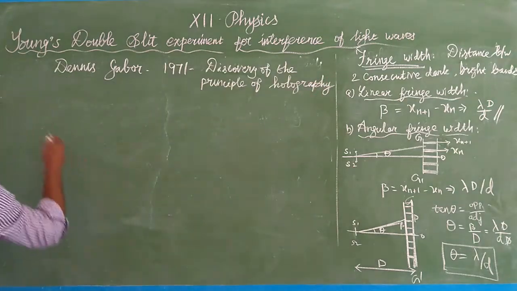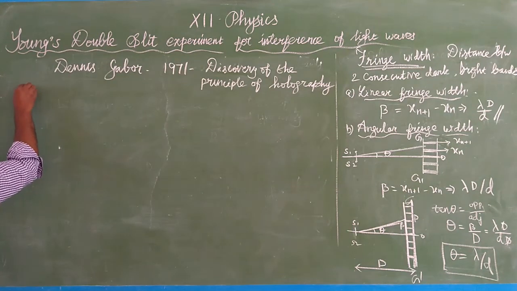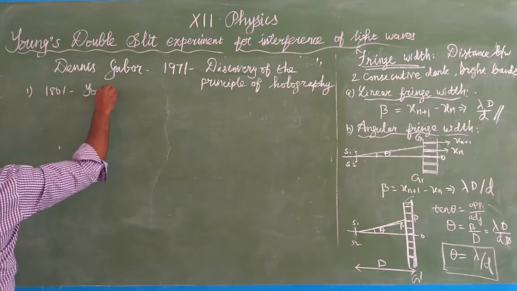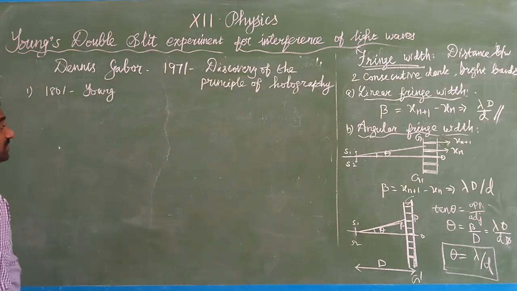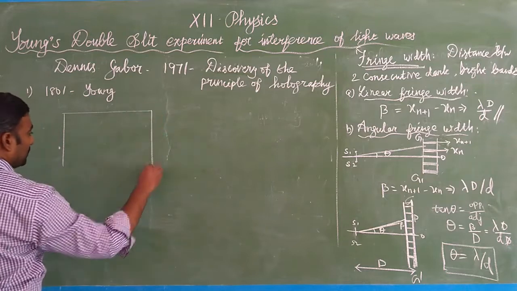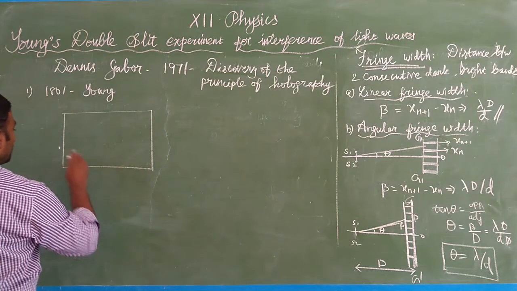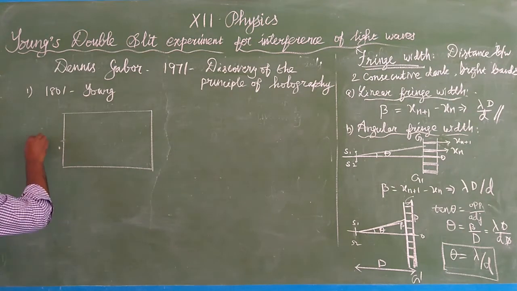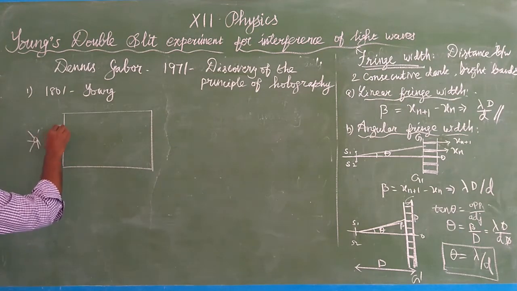According to him, in the year 1801, Thomas Young conducted his first experiment. It's a very simple experiment. He took a completely dark room. In the dark room, a small slit is kept open, and sunlight is allowed to fall through the slit.